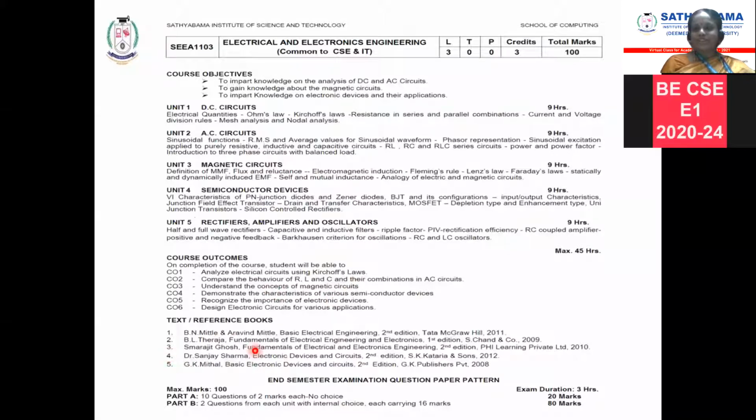Yesterday some of you asked about a reference book. Actually, the problems we solved in class, the problems we gave you to practice, and the problems put on the LMS for practice are all very sufficient for you. Even if you want to know electrical circuits well, you may go through these. My advice is that the first 2 units only cover this, and the remaining units are all electronic circuits.